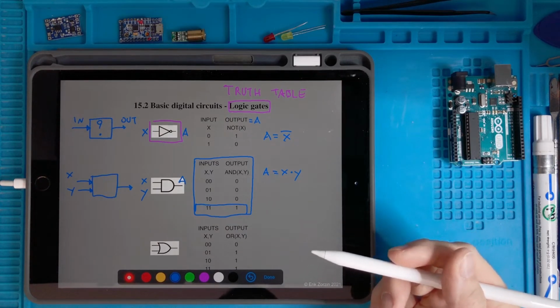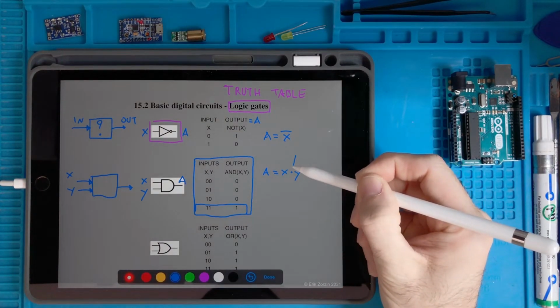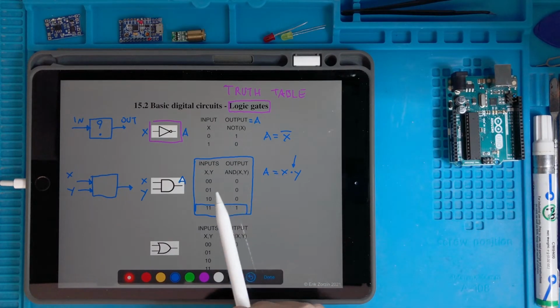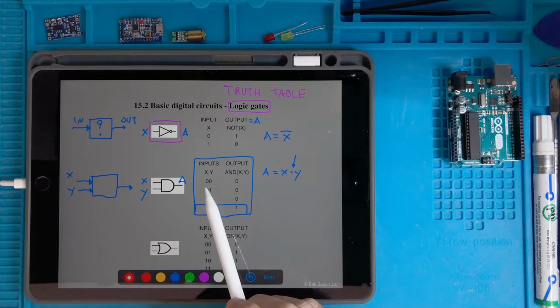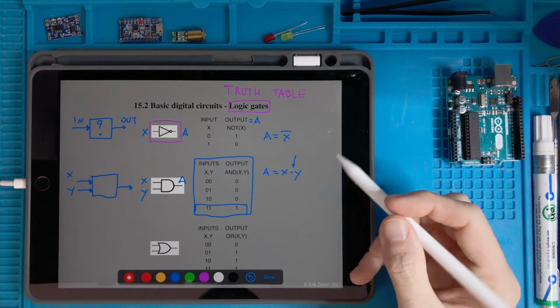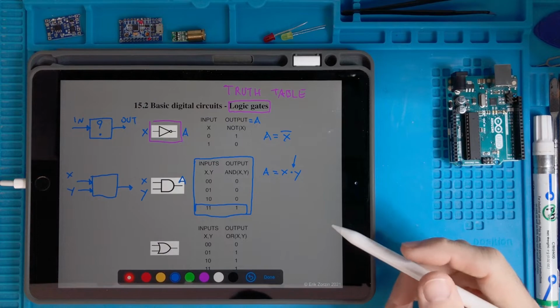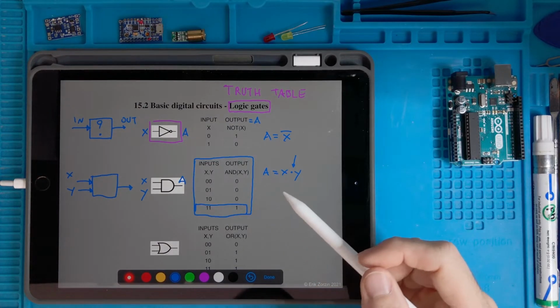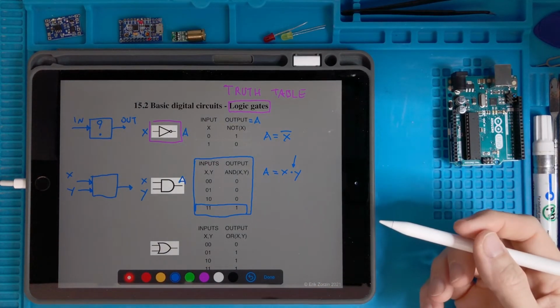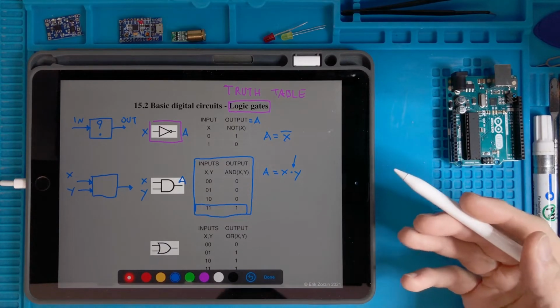And now we can start to see why we have this multiplication sign, because if we consider this in a binary system, 0 multiplied by 0 makes 0, 0 multiplied by 1 makes 0, 1 multiplied by 0 makes 0, and 1 multiplied by 1 makes 1. So the AND operation is a sort of multiplication between binary numbers.